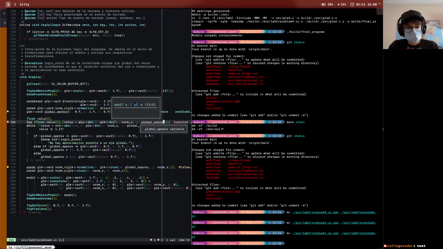This was basically performing a base change when we don't know the orientation of the new base. We do know the direction of the new base, but not the orientation, which is to say we don't know the yaw, pitch, and roll angles that we have to apply to the 3 rotation matrices for Z, Y, and X in the same order as the yaw, pitch, and roll convention. So yeah, I could do it in a float, in a for, so it's more ergonomic.